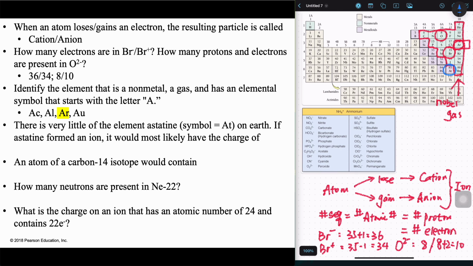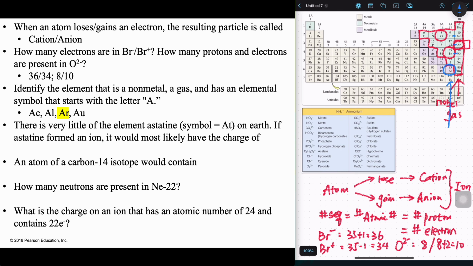We know in the periodic table, the elements in the same column have very similar chemical and physical properties. So therefore, we can say that this AT will have very similar properties to fluorine, chlorine, or bromine. And for fluorine, chlorine, and bromine, we have discussed a lot.